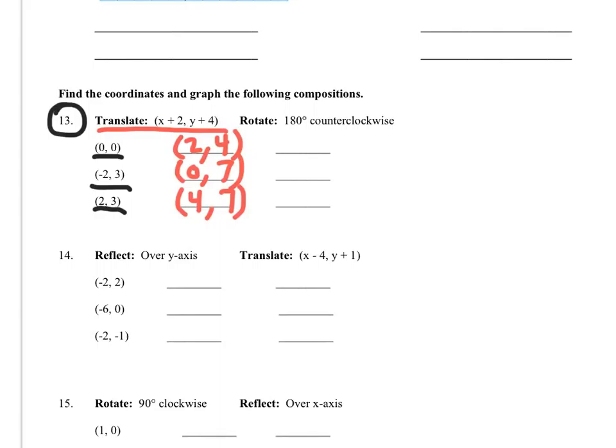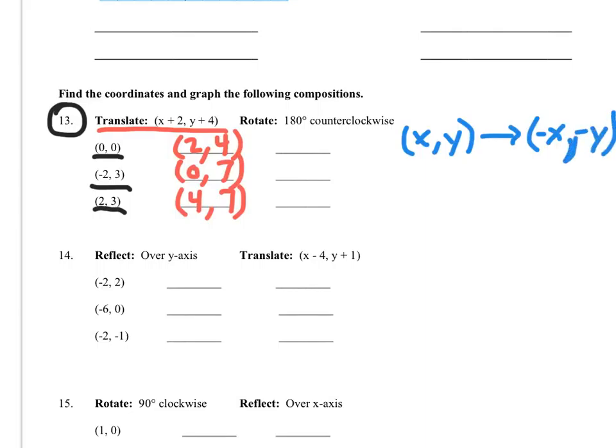Now we need to take those and do a 180-degree counterclockwise rotation with each of those. Nice thing about 180-degree counterclockwise is it's the same as 180-degree clockwise. And what that looks like is this. We take our original x and y and map it to the opposite of x and the opposite of y.